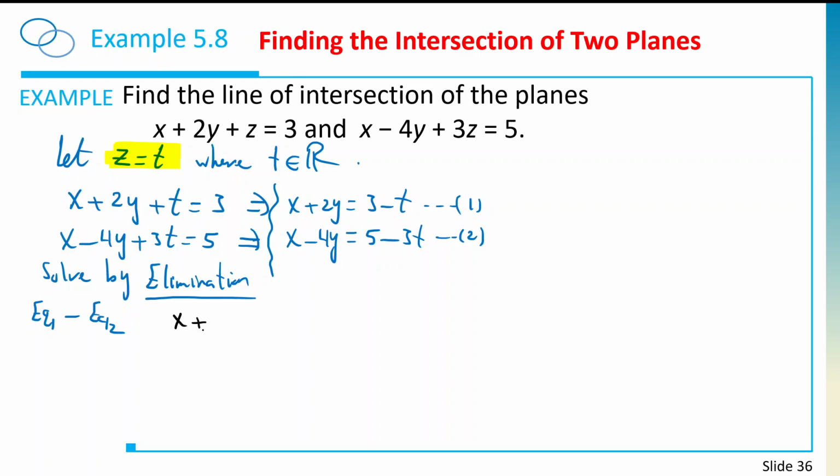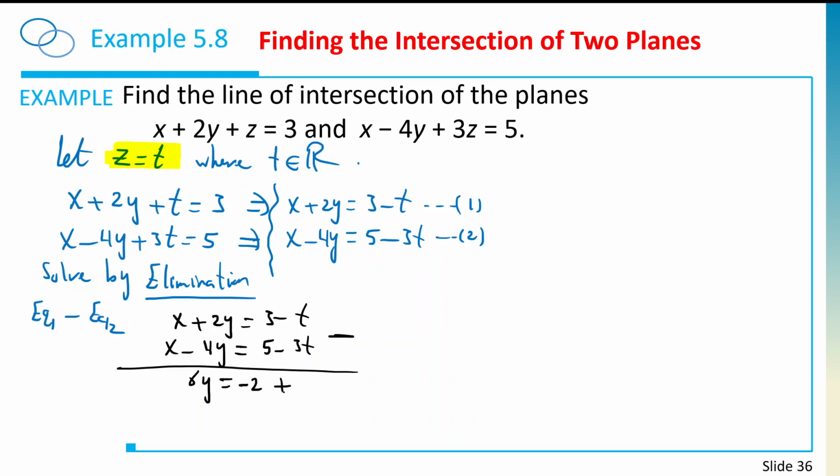I'll have x plus 2y equals 3 minus t, minus x minus 4y equals 5 minus 3t. If you subtract these 2 equations, you'll cancel x, and 2 minus negative 4, so this is 6y equals negative 2 plus 2t. Solve for y, so y is equal to negative 1 over 3 plus 1 over 3t.